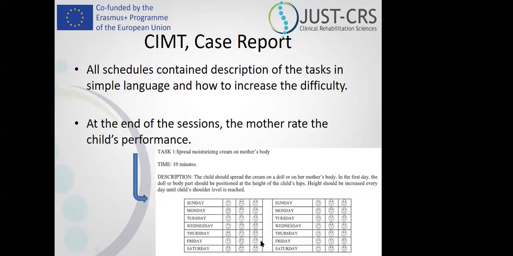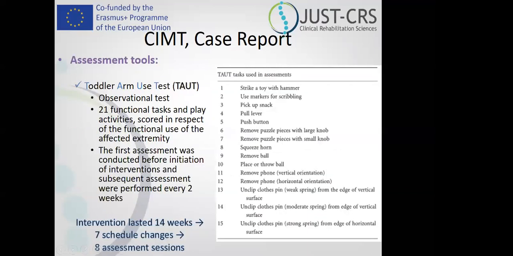By the end of the session, the mother gives a rating from poor to very good, from Sunday up to Saturday, for 2 weeks. The assessment tool used is the Toddler Arm Use Test, which is an observational test containing 21 functional tasks and play activities scored with respect to the functional use of the affected extremity.